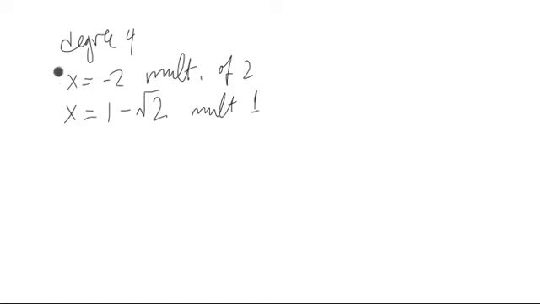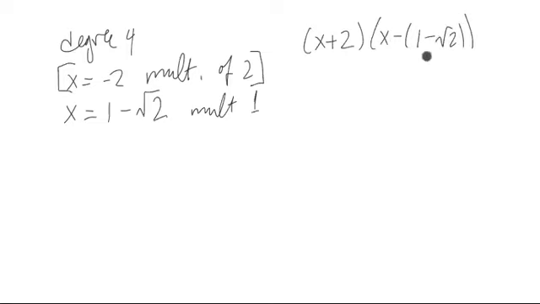Well, first of all, we know that if this right here is an x-intercept or a 0, then x plus 2, the factor when we plug in -2 into this to make it 0, would be a factor. We also know that x minus quantity 1 minus square root of 2 would also be a factor.